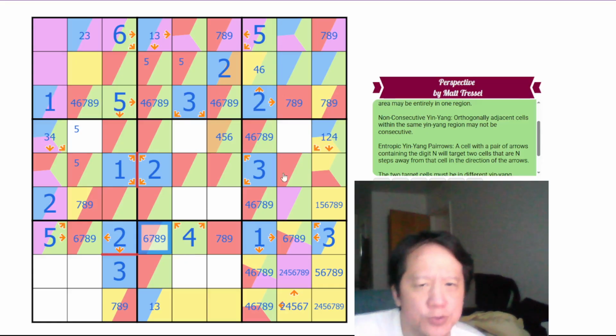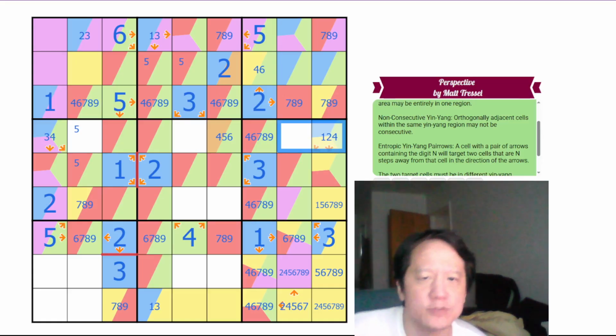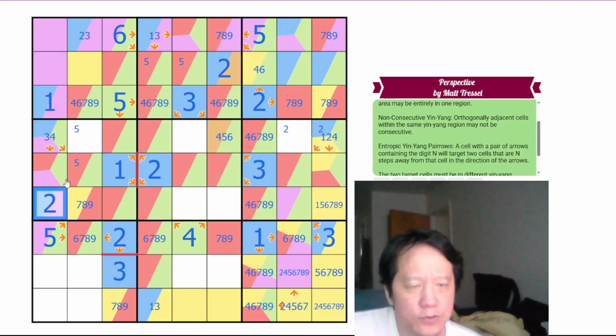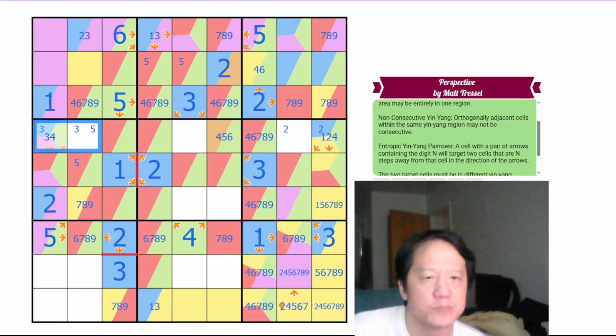Where is 2 then? 2 has to be one of these 2 digits here in row 4. Where's 3 in this region? It has to be one of these 2 digits.